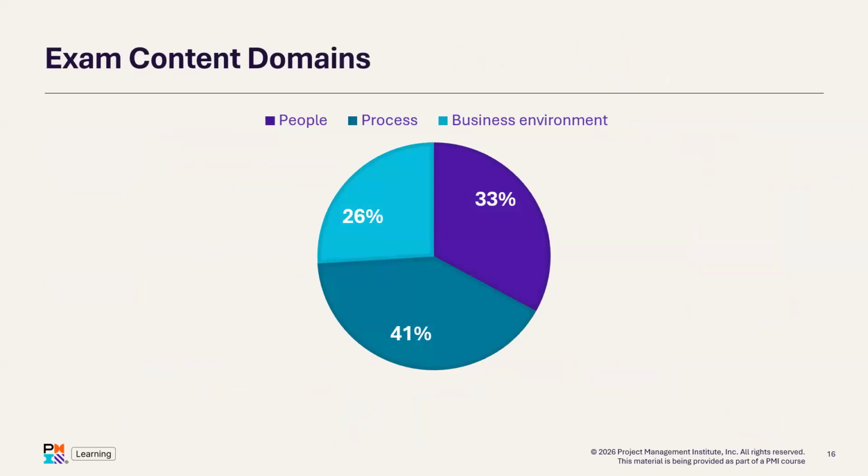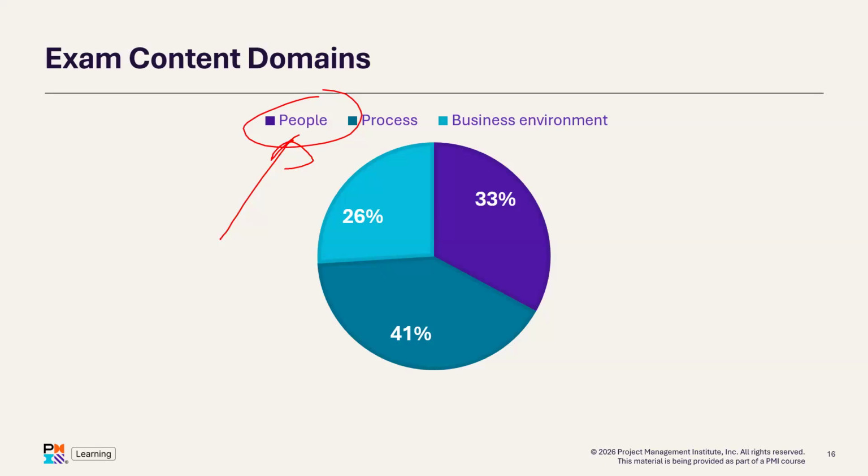Now, let's look at the exam domain. When we say exam domain, I mean it's about the structure of project management. For every project, you need people to execute that project.